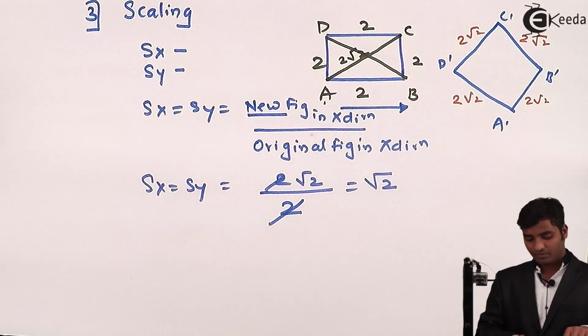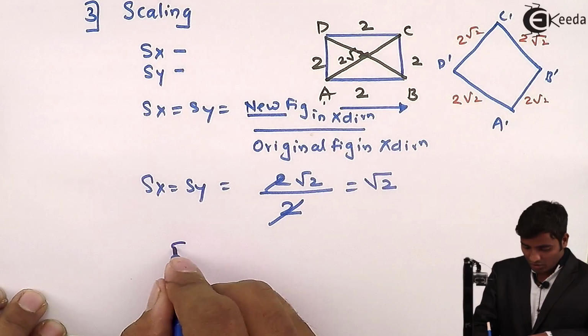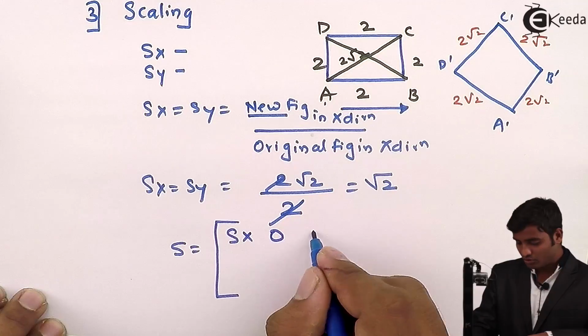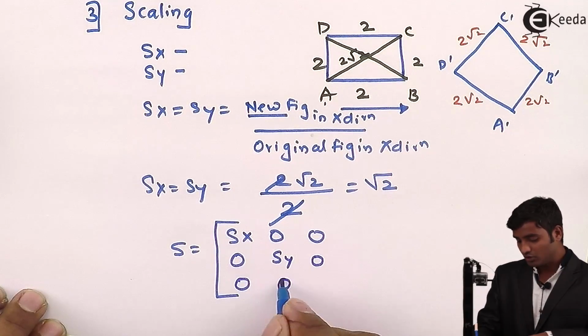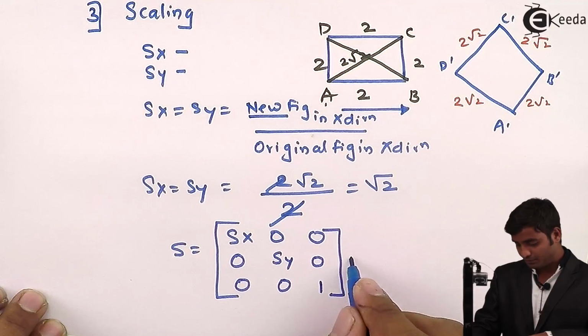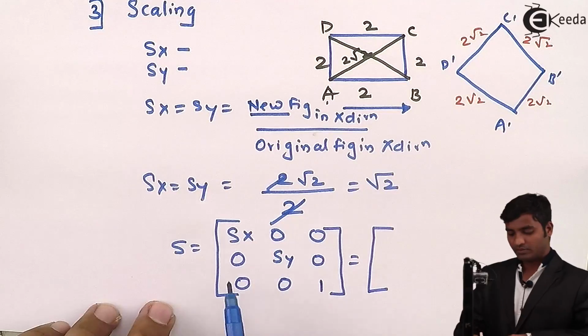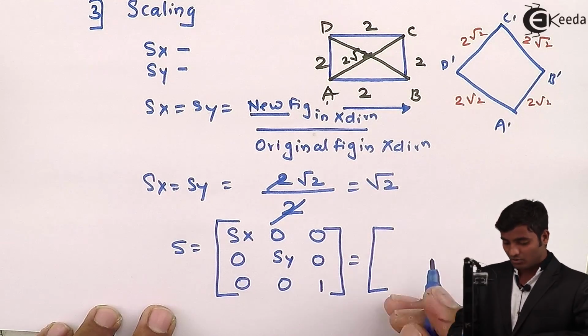So now we will write the standard matrix for scaling. S equals Sx 0 0, 0 Sy 0, 0 0 1. Now I will put the value of Sx and Sy as root 2.